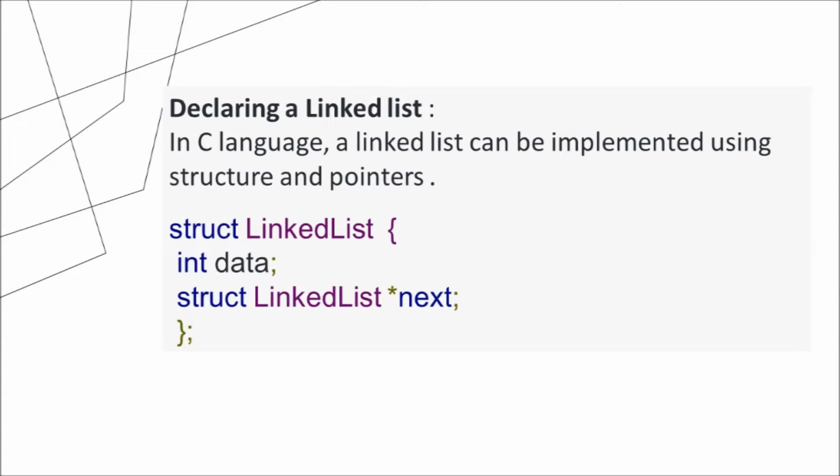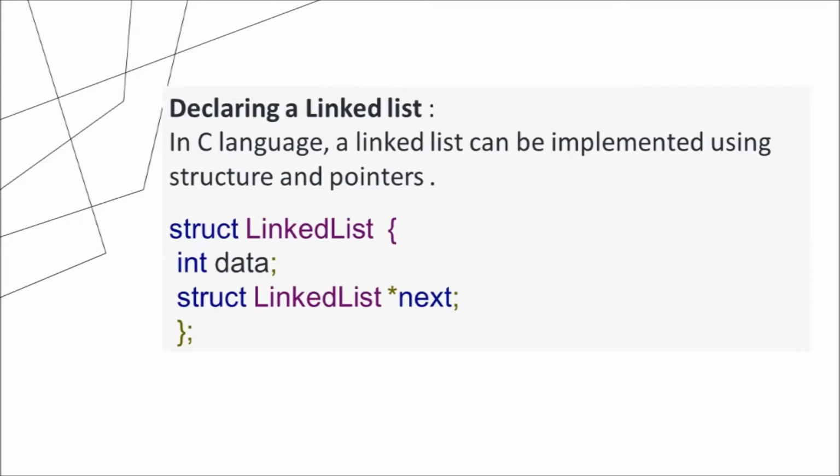So let's see how to create a structure in a linked list. To declare a linked list, we use structures. In this example, we are using struct linked list, and int data; we can use int, character or float, any data type.